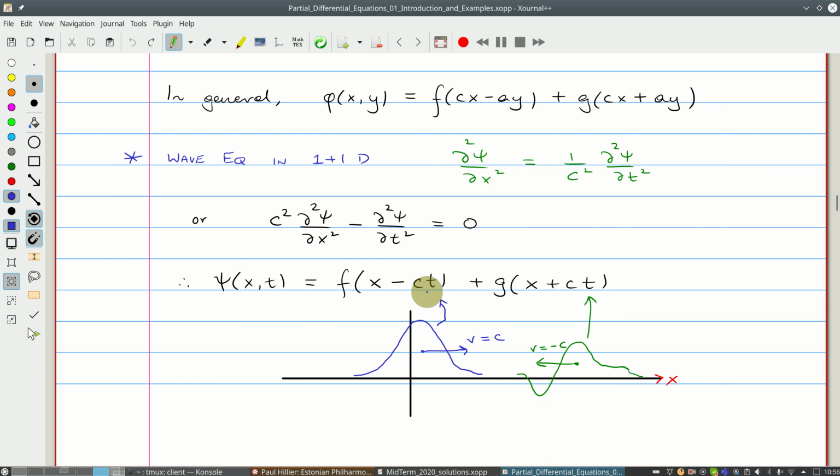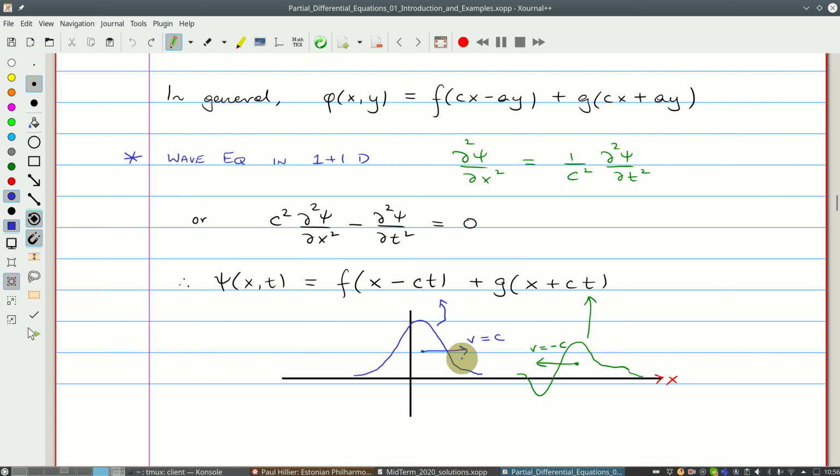Now if you increase time, you can see that this is a wave propagating along the positive x direction. It's going towards larger values of x, because as time increases this number gets more and more negative, so this has to get more and more positive for the center of this function to be the same.